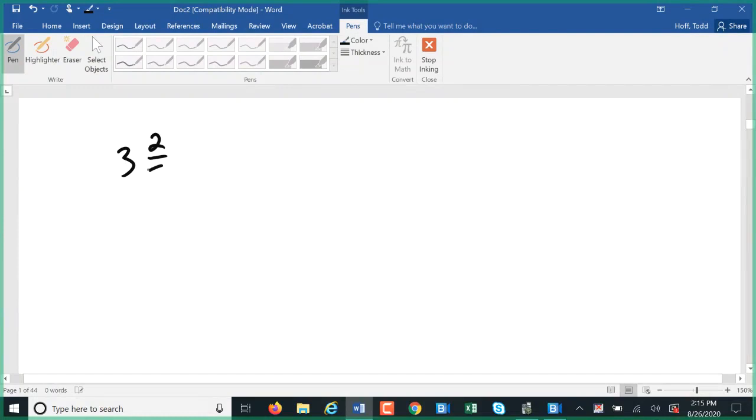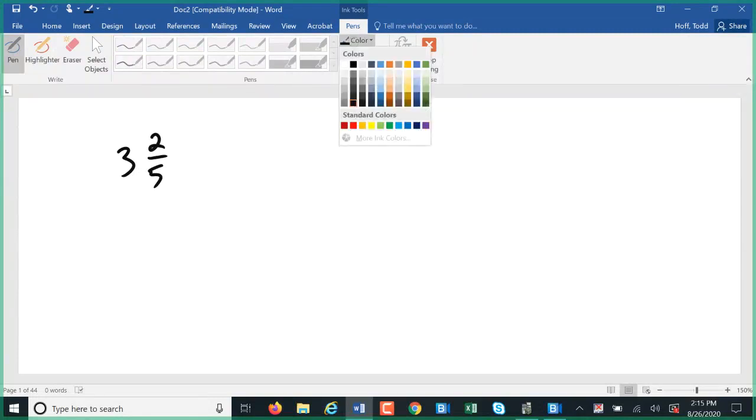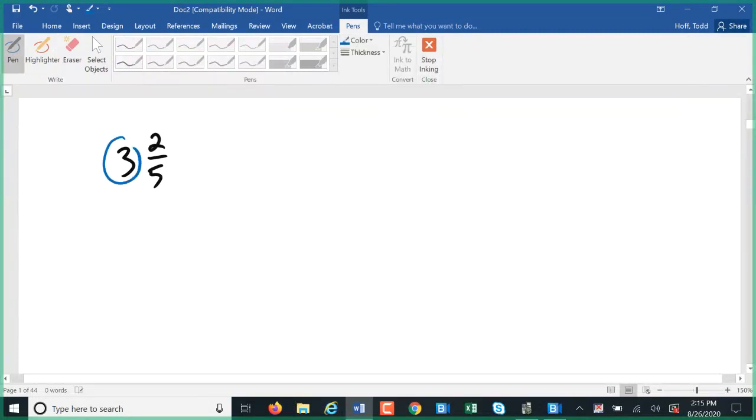If I have 3 and 2/5 and I need to turn that back into an improper fraction, how do I do that? Well, I have to take this whole number here, the 3, and I have to break it into pieces. How do I know how many pieces?